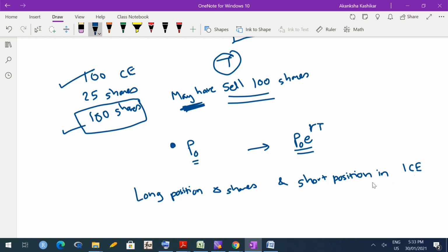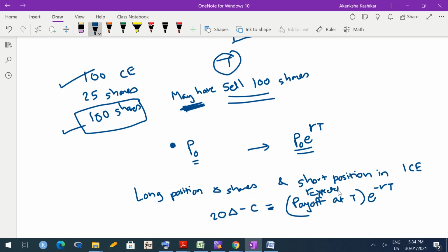So long position in delta shares and price of each share is 20 at time 0. So 20 delta. And in call option the position is short, so minus C. So this is my portfolio worth at time 0. So ideally this should be equal to whatever is my payoff at T into e raised to minus RT. Expected payoff I should say.